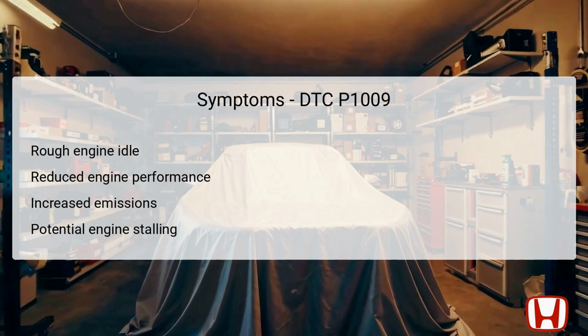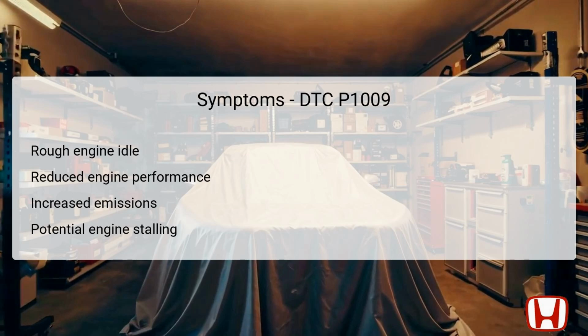The symptoms associated with DTC P1009 can significantly affect vehicle performance. One common symptom is a rough engine idle, which typically arises from improper valve timing caused by actuator failure. Reduced engine performance may occur, translating to a lack of power during acceleration, which can be frustrating for drivers.